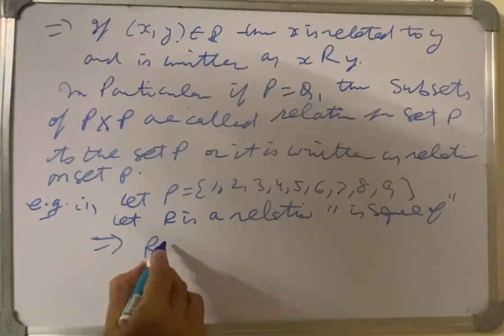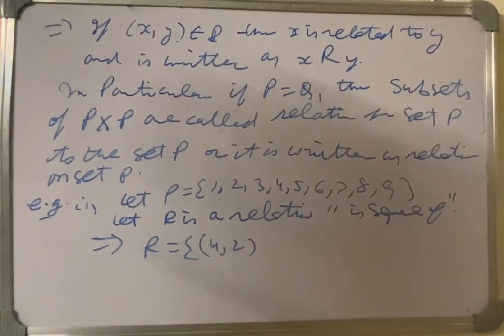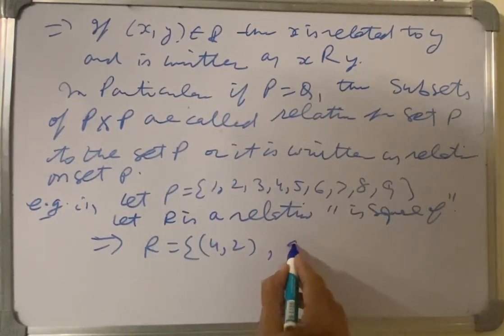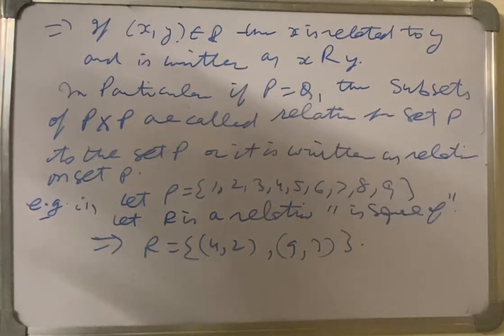Then R contains (4, 2), because 4 is the square of 2, and (9, 3), because 9 is the square of 3.